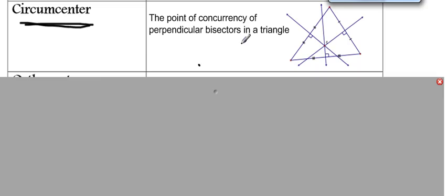If I construct the perpendicular bisector of this segment, this segment, and this segment, where all 3 of those perpendicular bisectors meet here is called the circumcenter. So as soon as you see the word circumcenter, you're going to mark segments congruent, so where the midpoint is, and you're going to mark each of these lines as perpendicular, so your right angle.